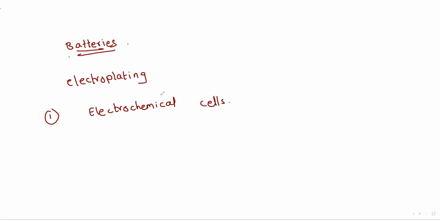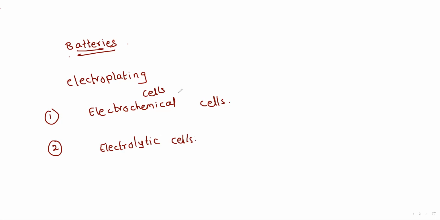First is the electrochemical cell and second is the electrolytic cell. On the basis of these we will study the two types of conversions, chemical to electricity and electricity to chemical. So to study that, these two cells are very important.